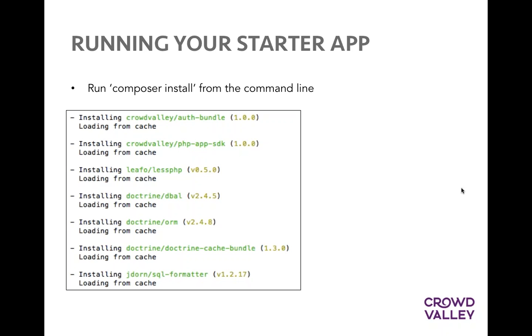And running Composer install just installs onto your local machine all of the libraries that are used by this application. It will install two libraries from CrowdValley, which are the authentication bundle, auth-bundle, and also our SDK.